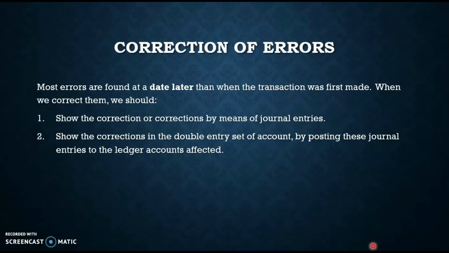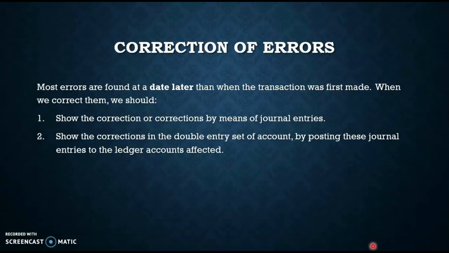So most errors are found at a later date. It's not that we find them right away. So once we find them some point after they were recorded, we will have to correct them. As you know, we're not able to draw a line through the error and remove it like that or delete it. We have to show proper accounting steps in showing persons that an error was made and it was corrected.